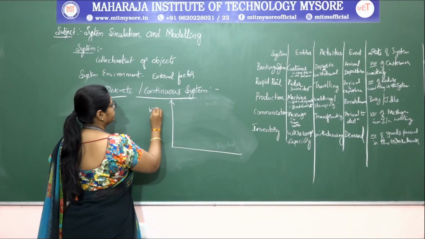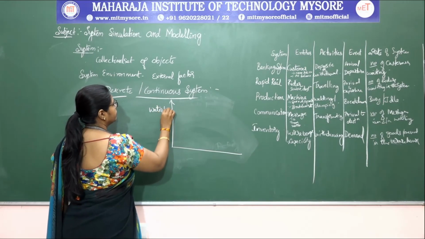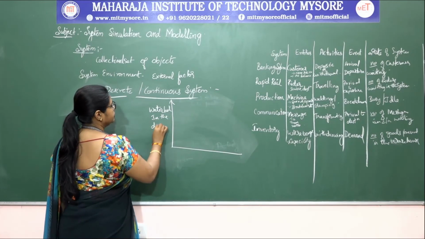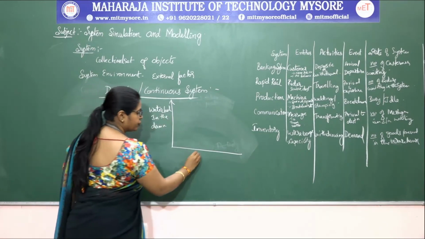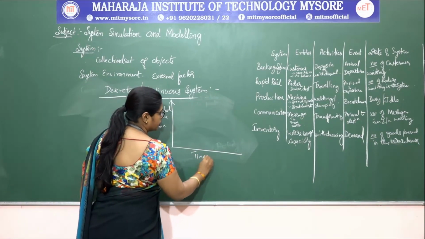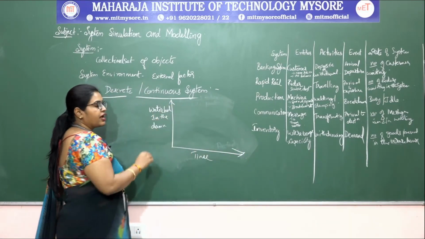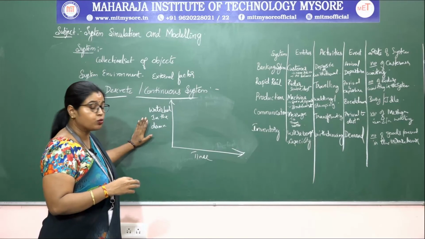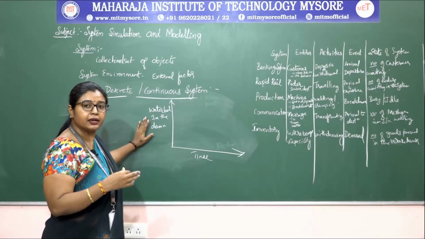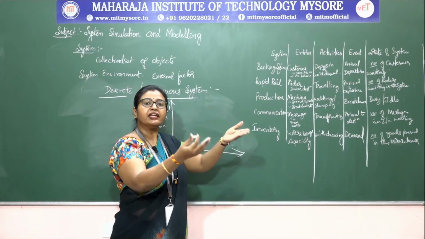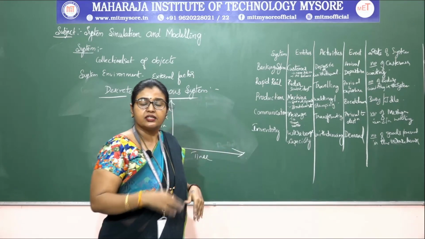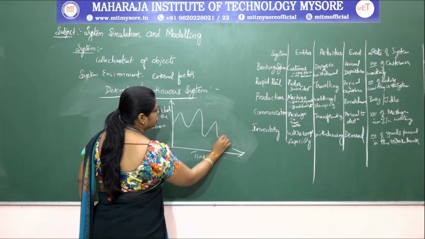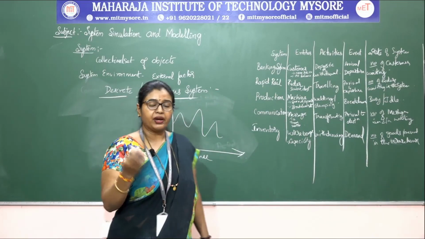The water level in the dam, and if you draw the graph of water level in the dam versus time, it is affected by various factors from outside the system. So it will vary continuously. Why?